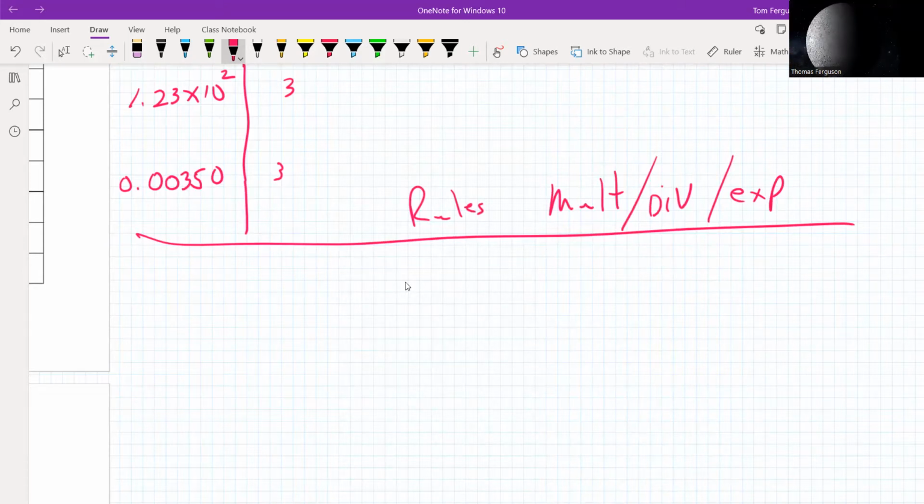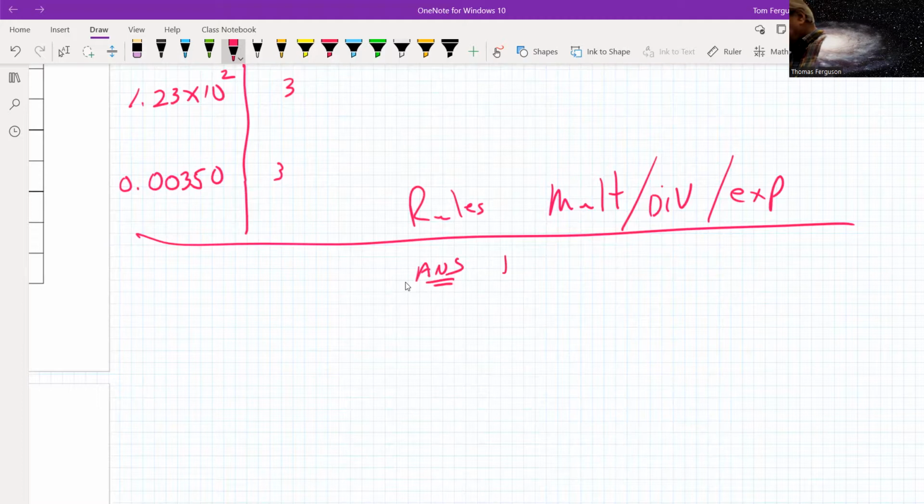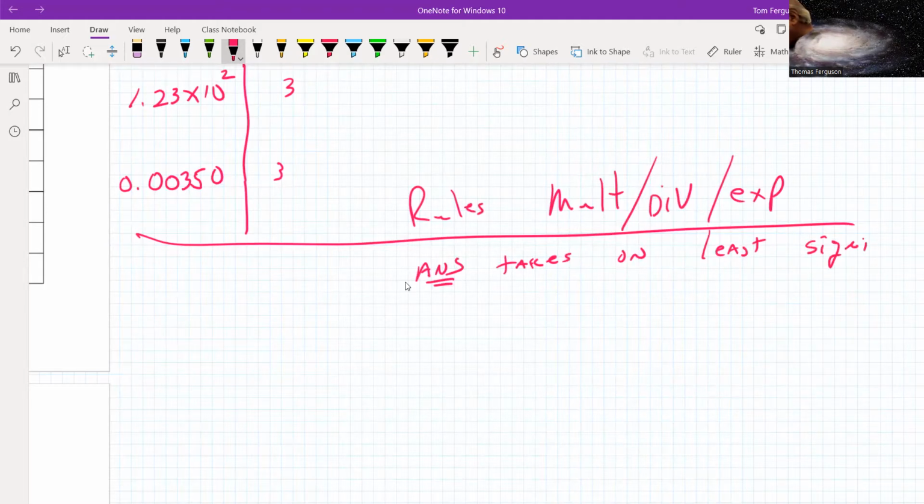Those are all the same process. They're inverses of one another. It's the same process. Okay, so the answer takes on the least significant number.